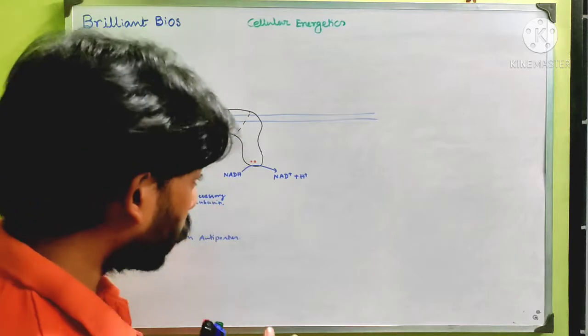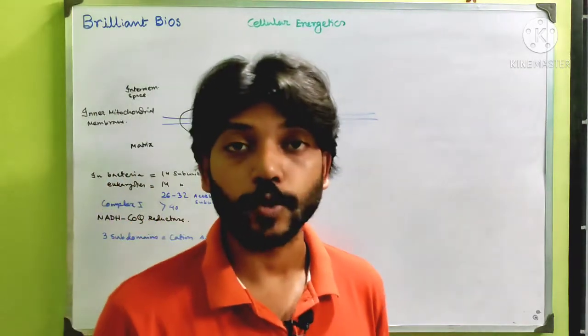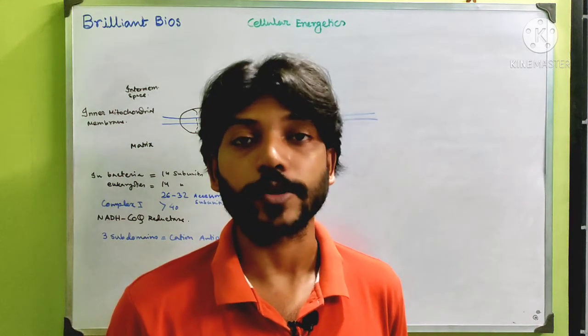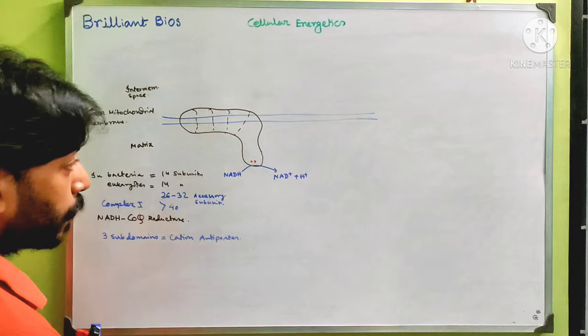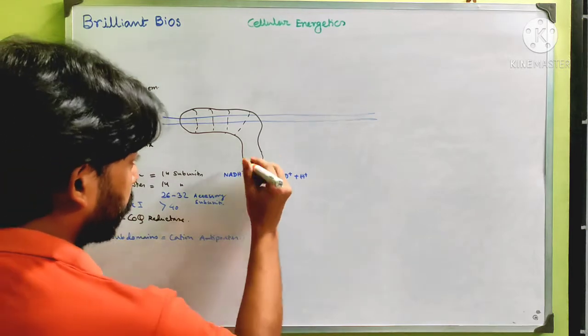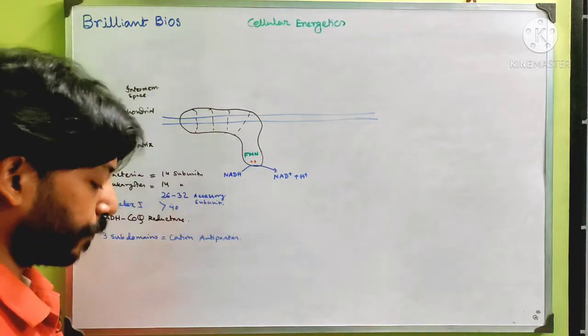Now the important fact about complex 1 is the presence of some prosthetic groups that can carry the high energy electrons released by NADH. The first prosthetic group that carries the electron is called FMN, flavin mononucleotide.